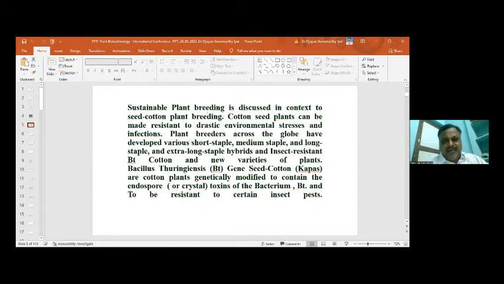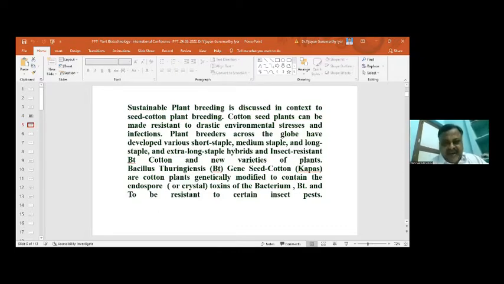So sustainable plant breeding technologies have been identified and evaluated with systematic study. Seed cottons can be made resistant to drastic environmental stress and infections. Plant breeders across the globe have developed various short staple, medium staple, long staple and extra long staple hybrid cottons.